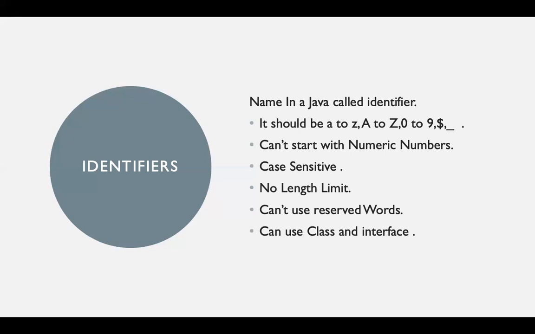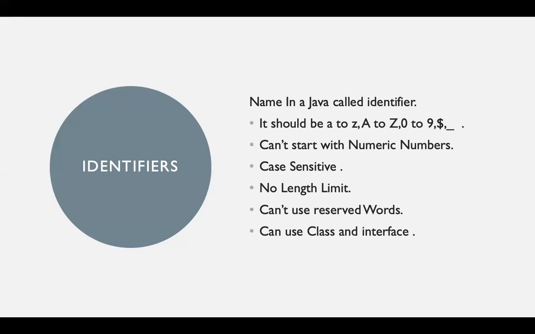And point number two, when you create an identifier, it should not start with a numeric digit. And identifiers are case sensitive. When I say case sensitive, if you write an identifier as Nihan in uppercase, and if I write Nihan in lowercase, that means you are writing two identifiers.